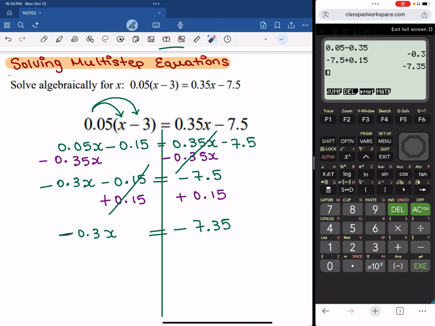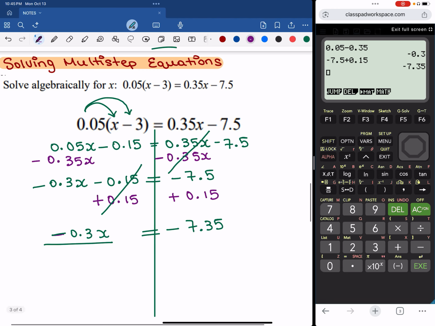We know that the opposite of multiplication is division. So to get x by itself here, I need to divide both sides by negative 0.3. So divide by negative 0.3, divide by negative 0.3.